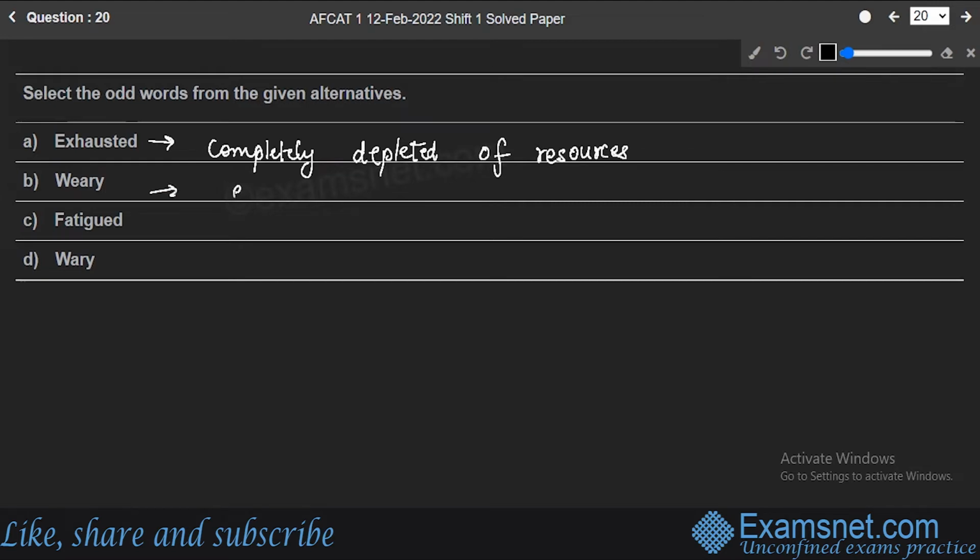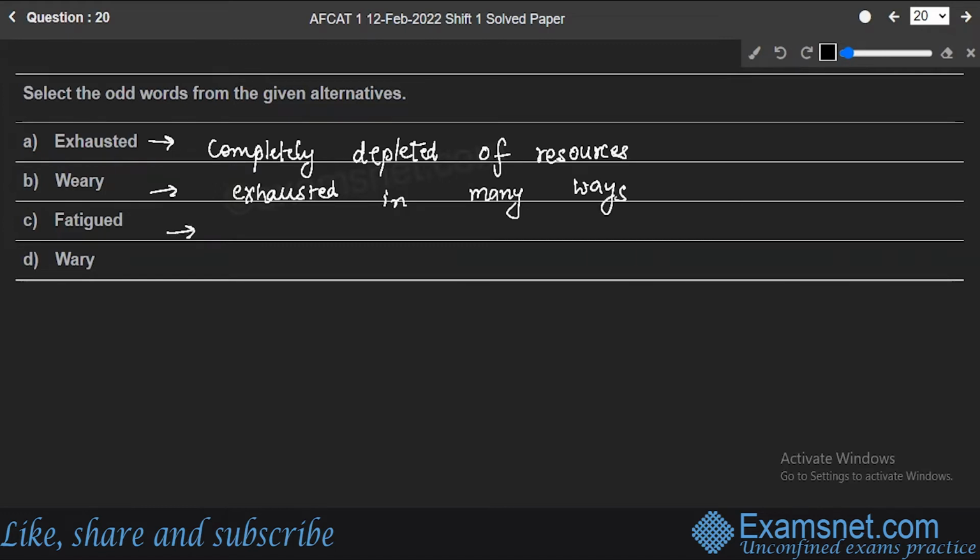Weary means exhausted in many ways, like exhausted in strength, vigor, or freshness.